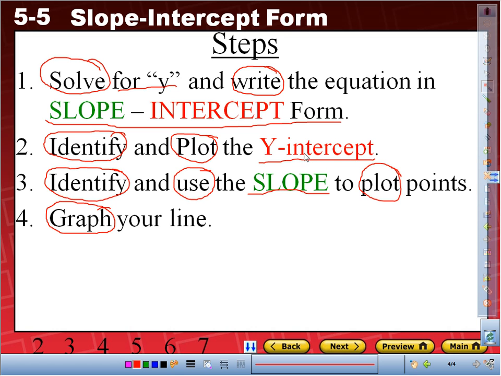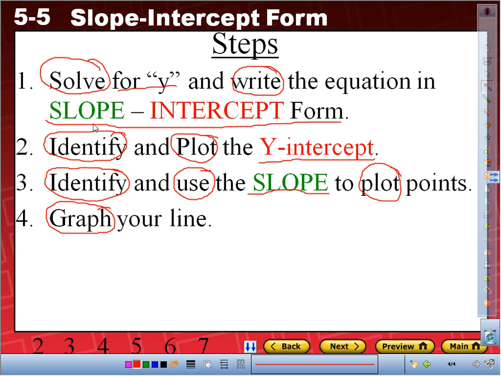Step 3, identify and use the slope to plot points. And step 4, graph. At the end, we just graph our line.